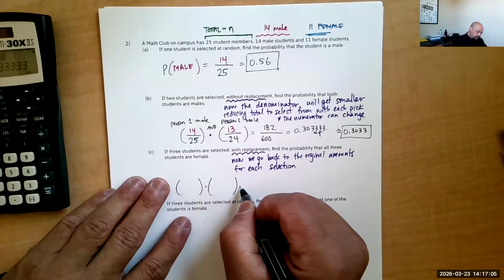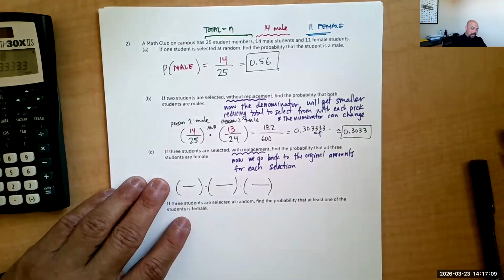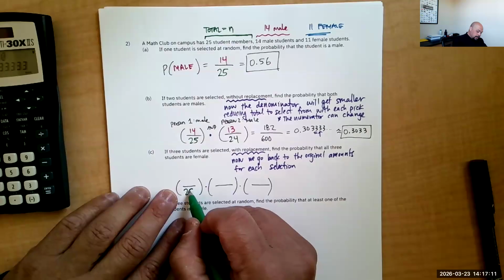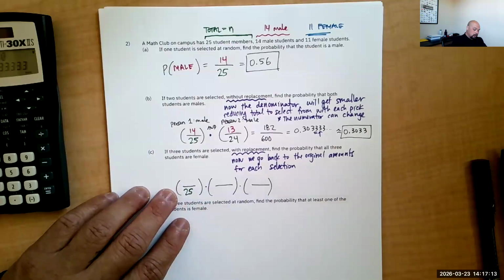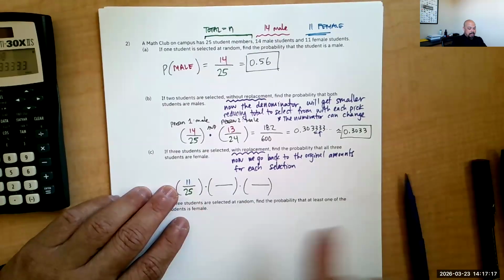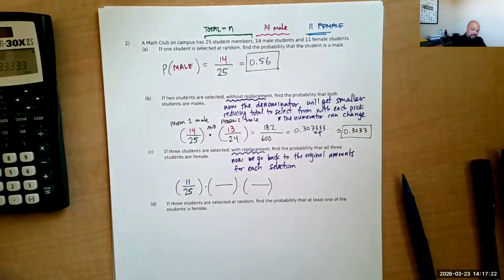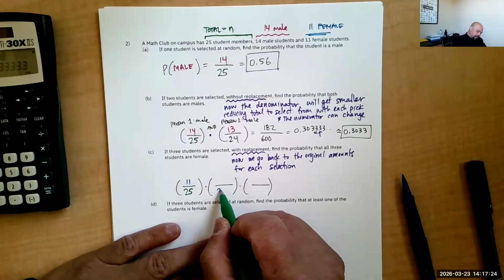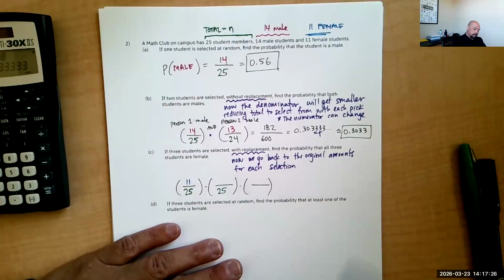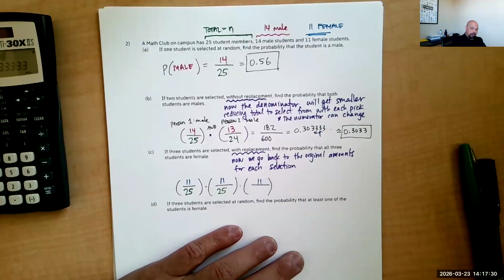Again, we're going to do our multiplication. We have all 25 students to pick from. And so for our first student being a female, 11 out of the 25. But now instead of having that person stand out, now they're going to go back to their seat. And we're going to make that selection again. So we have, again, back to all 25, 11 female. And the last person as well, same ordeal.